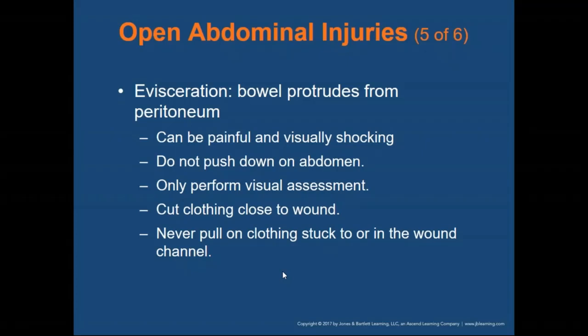You could have other abdominal organs, but it's normally going to be bowel, with small intestine hanging out of the abdomen. We're not going to try to put that back in. We're going to visually assess it. We're going to put a moist dressing on top of it, then an occlusive dressing over that. We're going to seal that occlusive dressing.